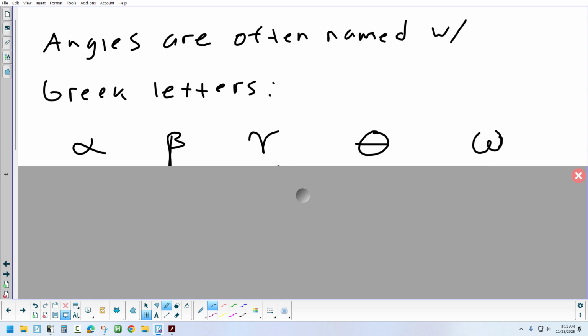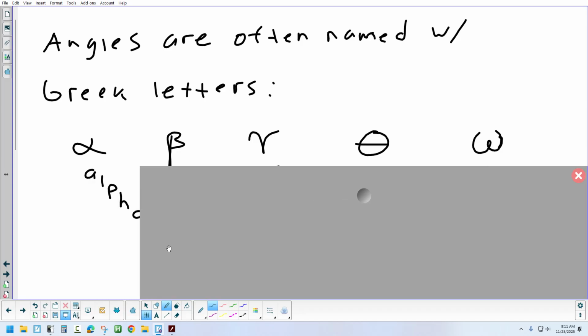So the first one, anybody know what that one is called? Is that proportional? So I think you're thinking of a symbol like directly proportional. So this is a little different. It's the name of the Greek letter itself. Yeah, that's the Greek letter alpha.